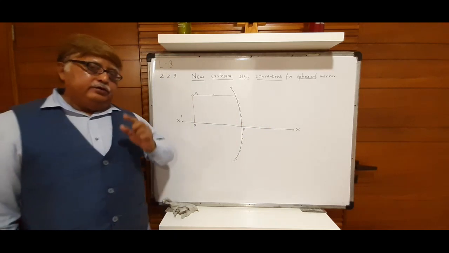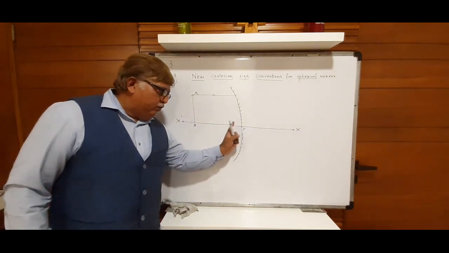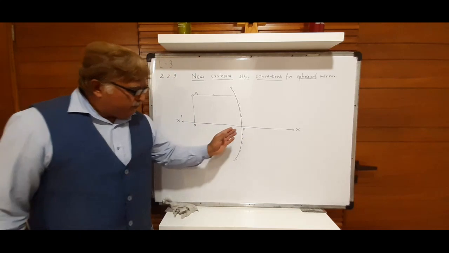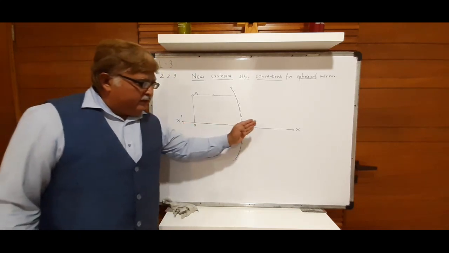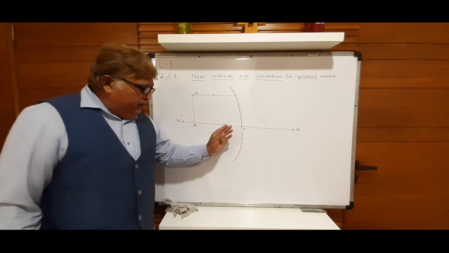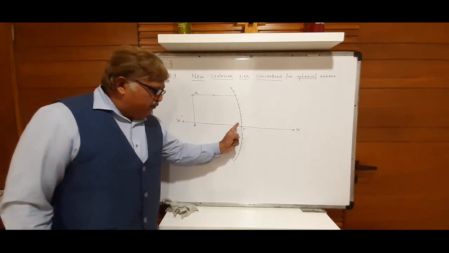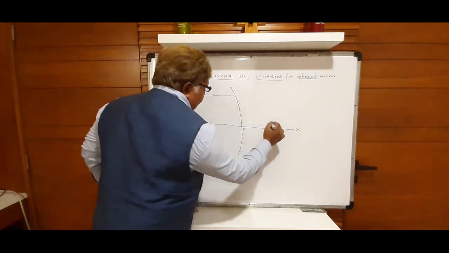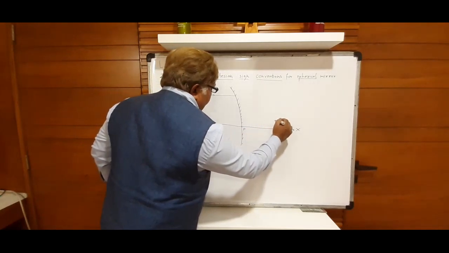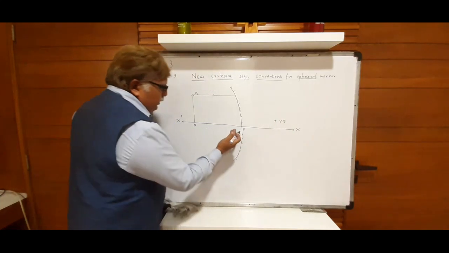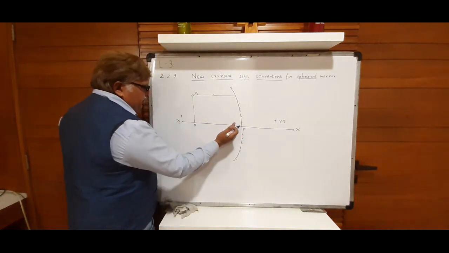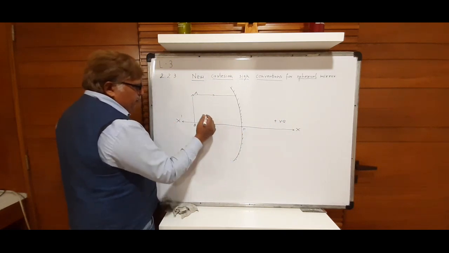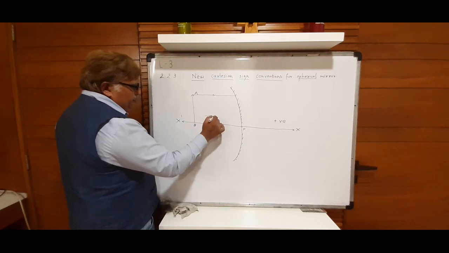All distances measured from the pole on the right side of the pole or origin are taken as positive, and all distances measured from the pole on the left side of the origin, meaning the pole, are taken as negative. Rule number 3.